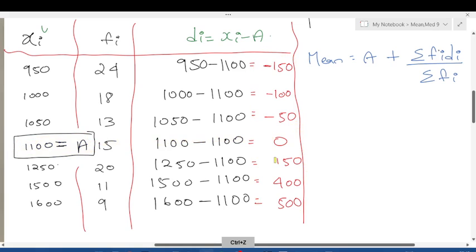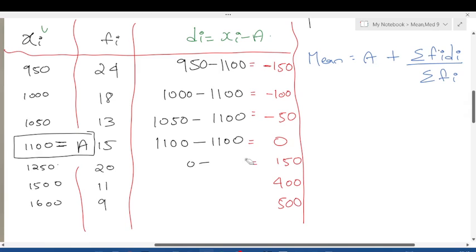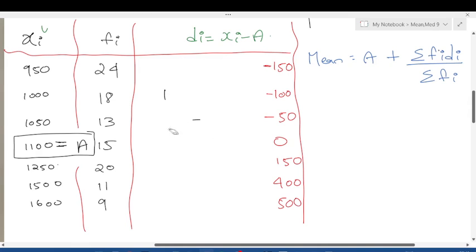All of you understood how to solve? Is this clear? When you're solving, you don't have to write this calculation. We need the direct answer. I wrote that just for you all to understand.